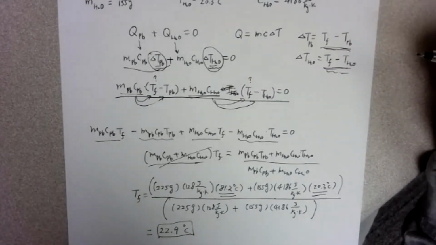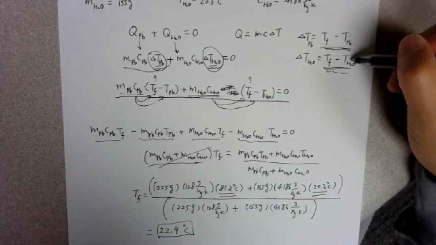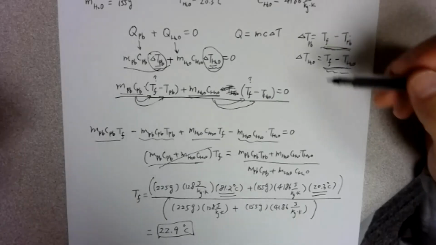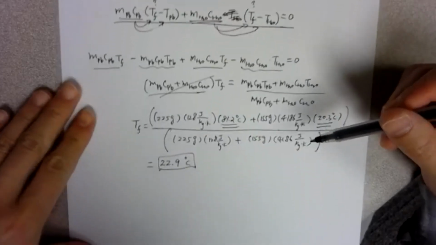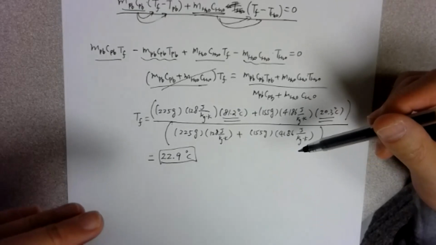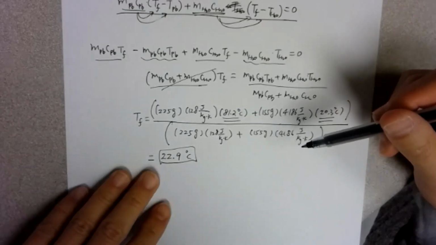If you convert these two initial temperatures into Kelvin, which you can do, that's fine. Then you can solve for your TF, and your TF will also be in Kelvin. At the end, you'll just go back and convert from Kelvin to degrees Celsius.